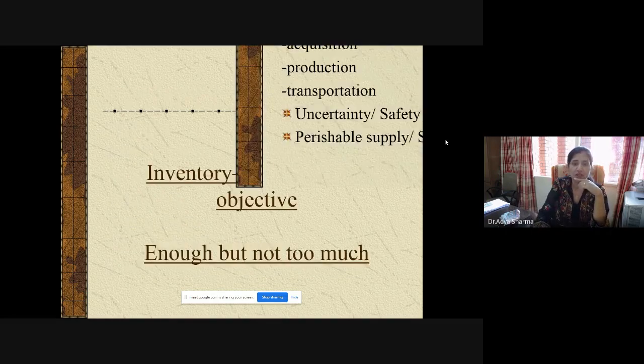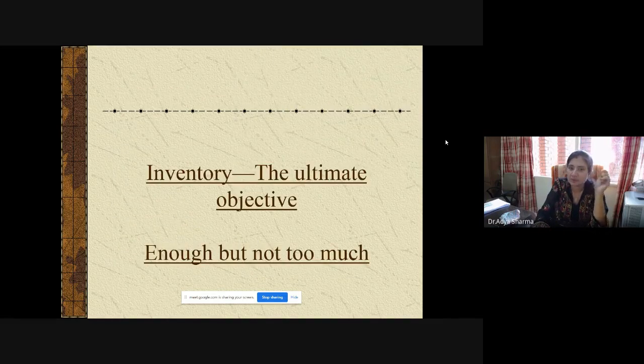So when we are talking about inventory, always remember the ultimate objective is enough, but not too much. Yes, we should have a little extra, but not too much extra, because inventory also means cost, which means you are incurring a cost, and you do not want to incur unnecessary cost.